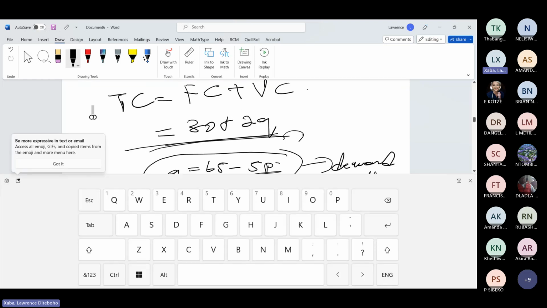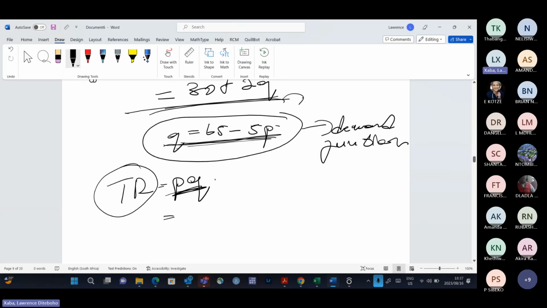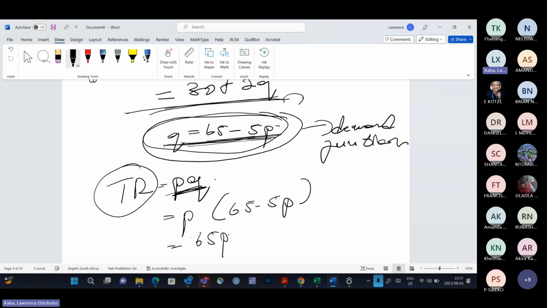If we substituted, we would end up with P times (65 minus 5P), giving 65P minus 5P squared.